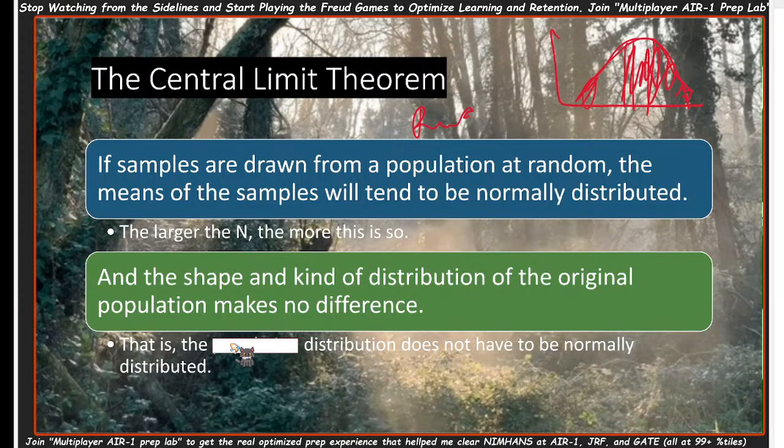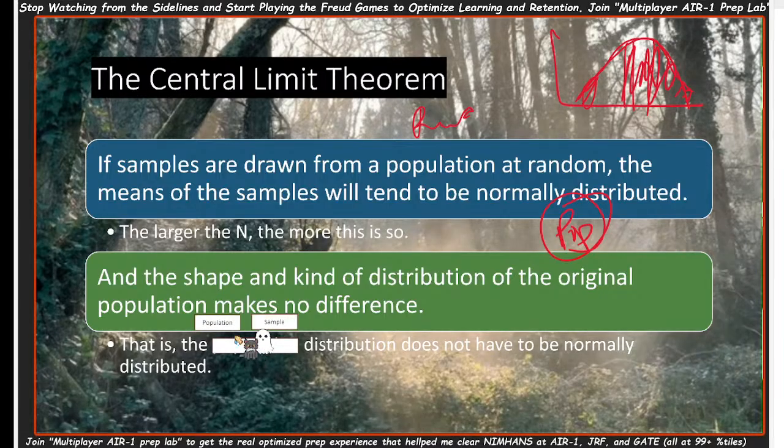And the shape of the distribution of your initial population does not matter. This is something of a debate, but the central limit theorem assumes this. The shape of the population does not matter for whether you get a normal distribution in your sample or not. The population's distribution does not have to be normal according to the central limit theorem.